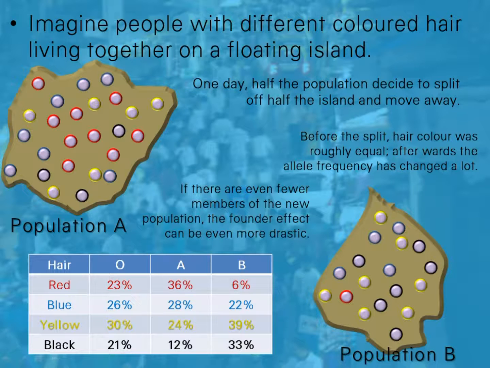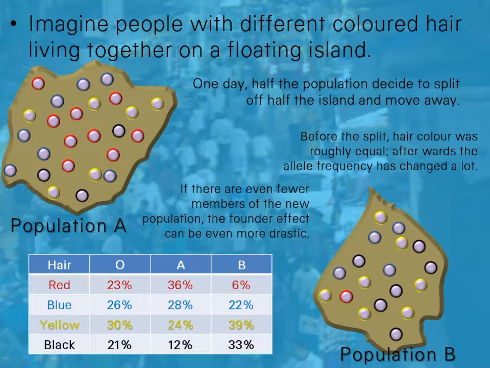Yellow hair has gone down to 24% of the population in population A, but is now up to 39% in population B. And black hair is now only 12% of population A, whereas in population B, it is now 33%.